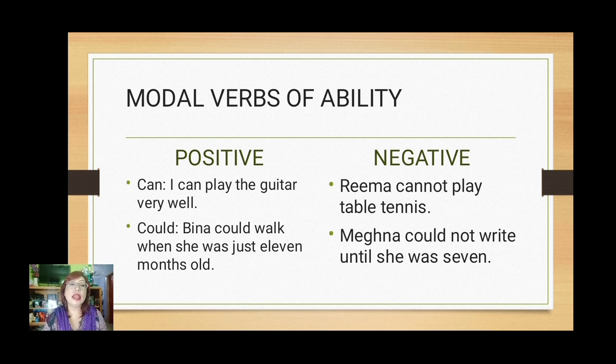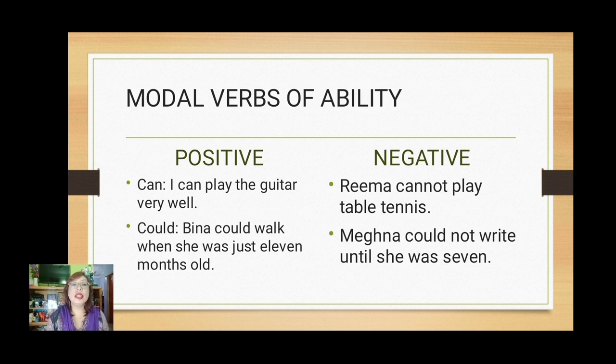So if I say Rima can play table tennis, and I want to make this statement negative, Rima cannot play table tennis. I cannot play the guitar very well. So in this way you can change a positive modal verb of ability into a negative one by simply adding not to the modal verb.